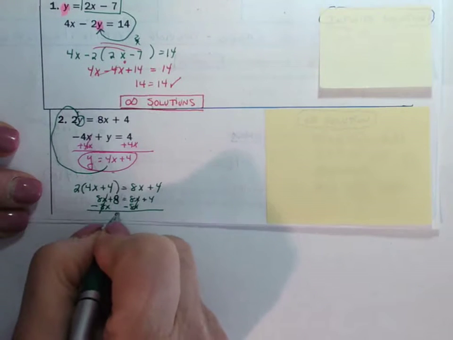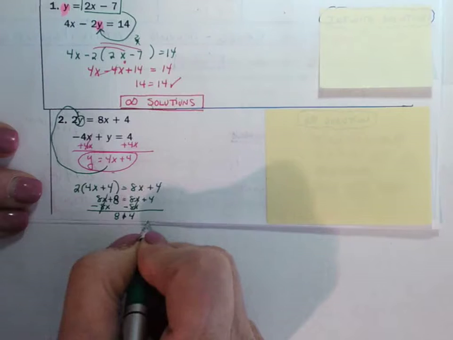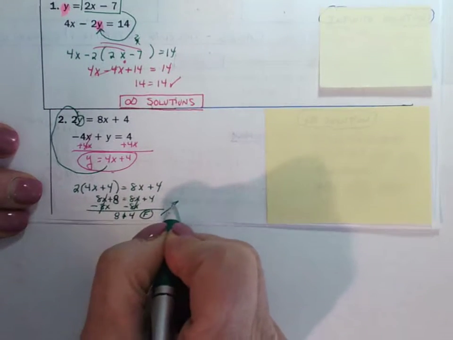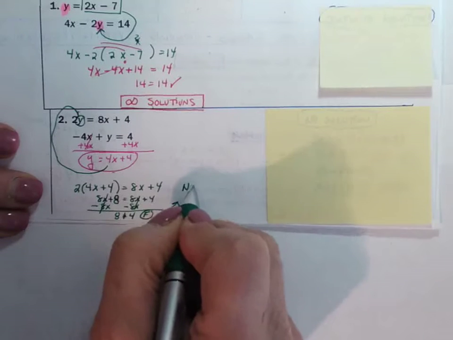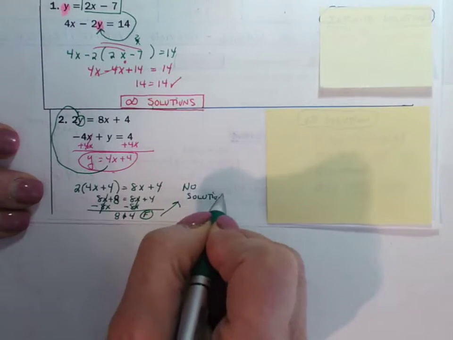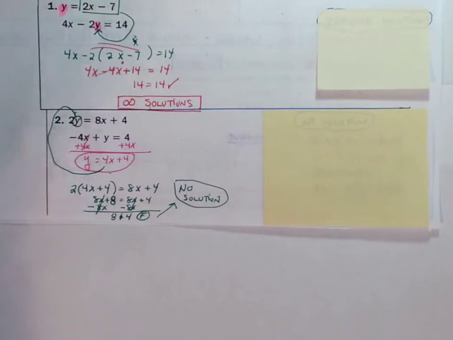So I'm left with 8 equals 4, which is false. Therefore, my answer is no solution. Okay, so that's using the substitution method.